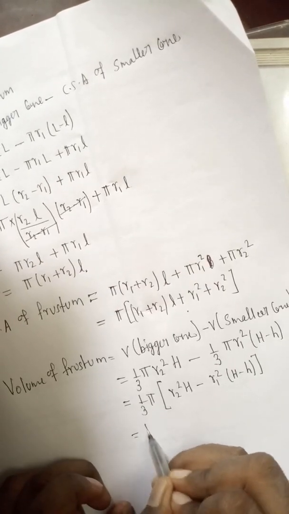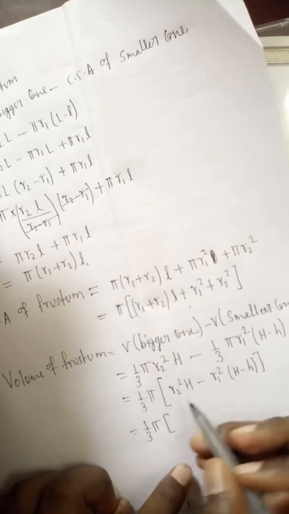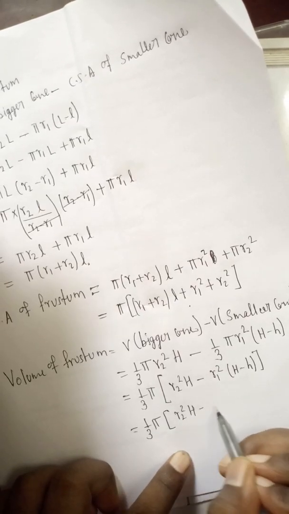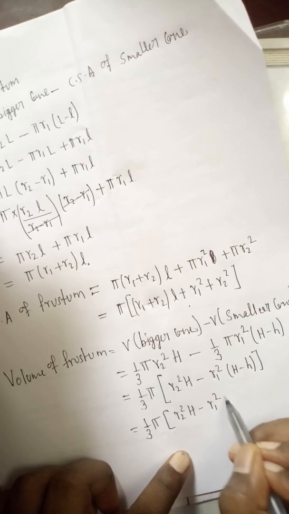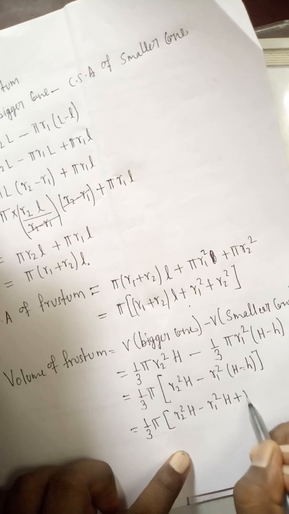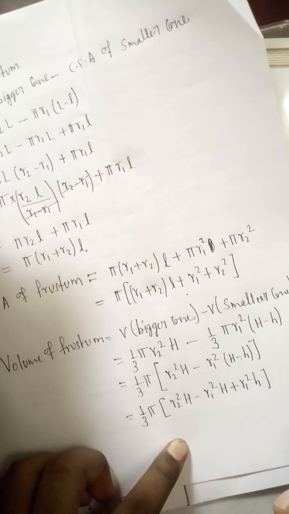So after this, 1 upon 3 pi, try to understand, r2 square capital H minus r1 square capital H, minus into minus will give us plus r1 square h. Now our job is to replace this capital H.